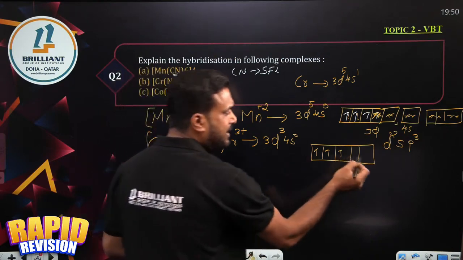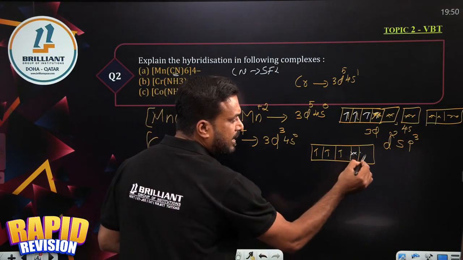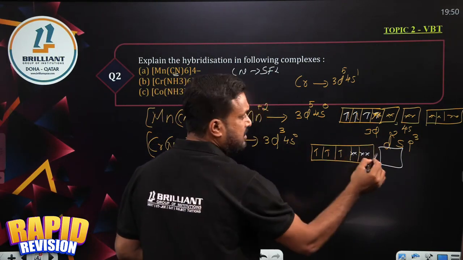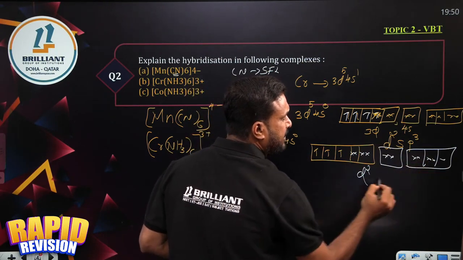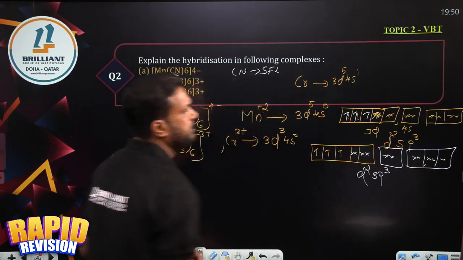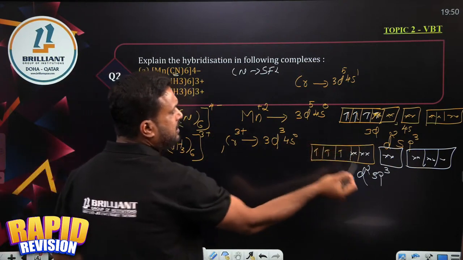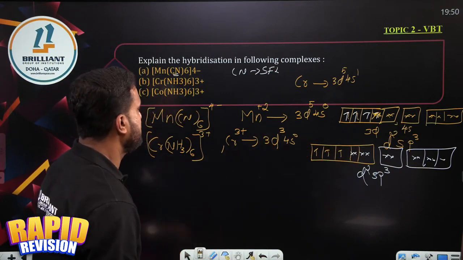So already here 2 orbitals are vacant. We will take this one and this one. Now we have d2. S we can take because s is empty, and we can take P again. So what is the hybridization? d2sp3. Here anyway pairing up will not take place.